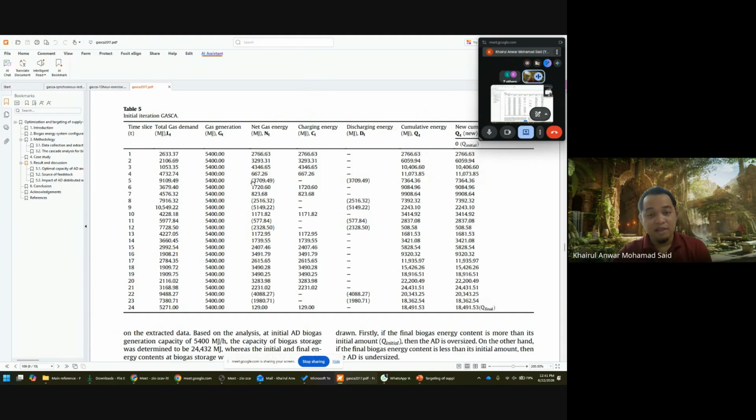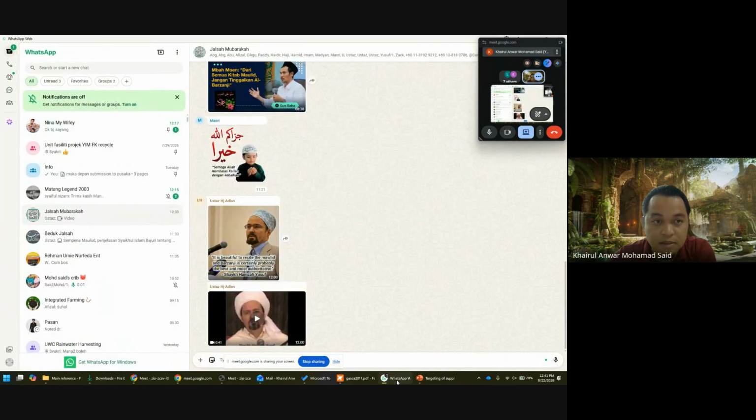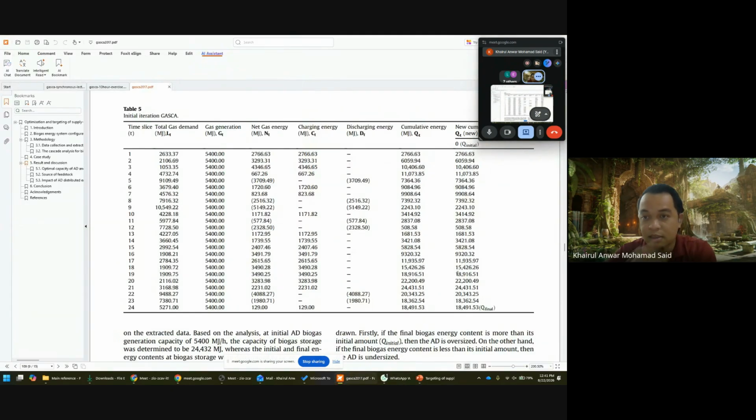You can use negative, no problem, but you can also use a bracket to signify that it is a negative value. You see 5400 minus 9109 because it's negative. Okay, that's right. Yeah.